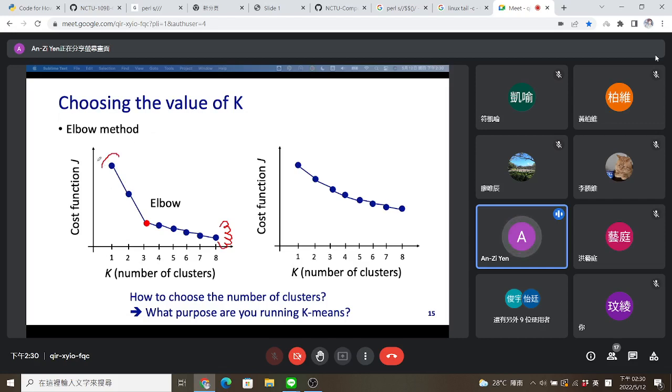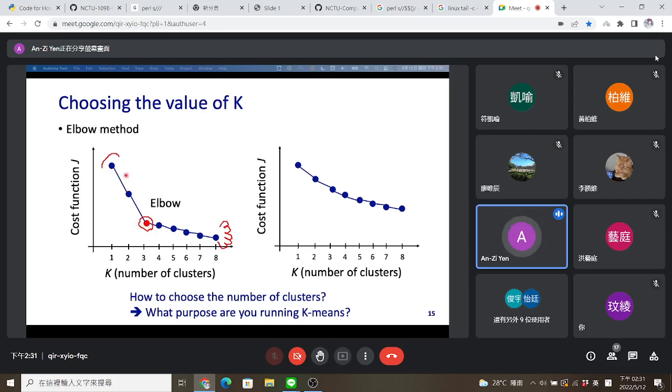So here is an elbow, and you can call this the elbow method. And in this case, maybe using three clusters is the right number for k, because of the elbow of this curve, right?